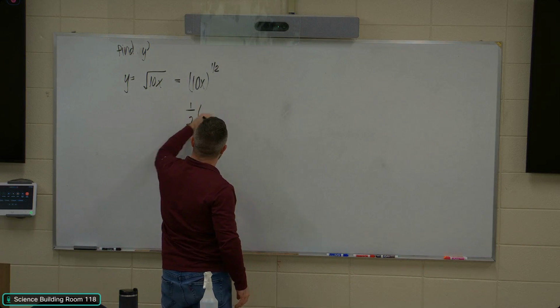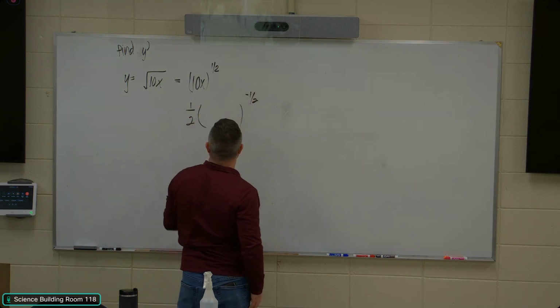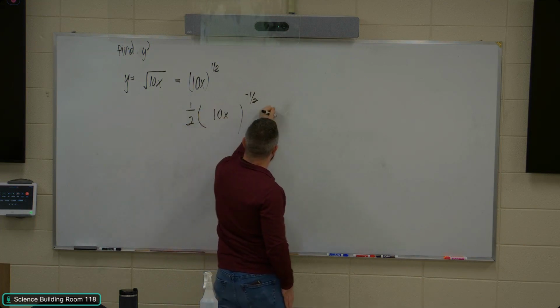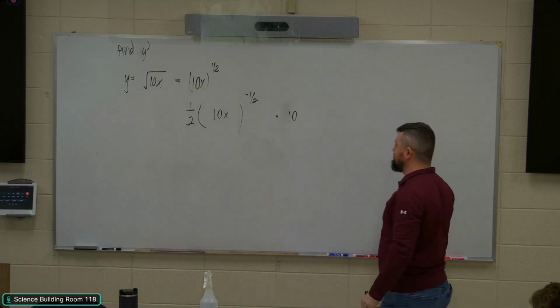One half times something to the negative half. Plug in your inside and then multiply by the derivative of the inside.